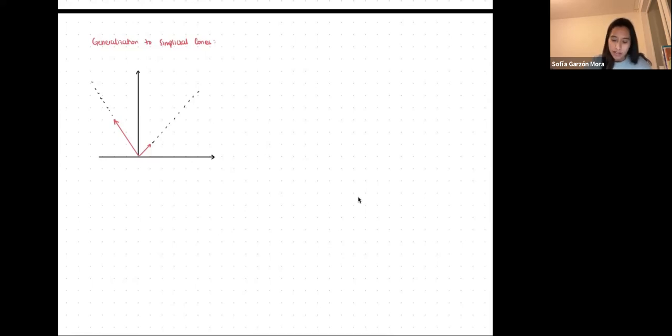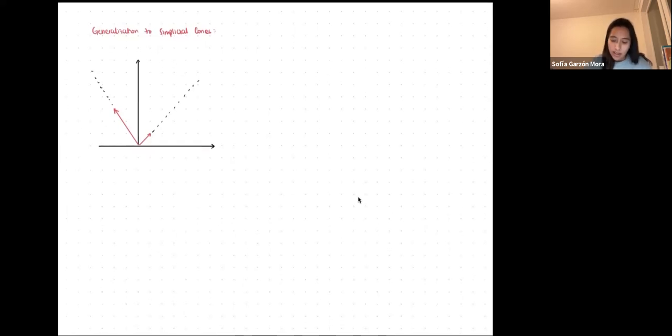No idea. Okay, so a hint. Simplicial cones mean that they have linearly independent generators, right? So I could use the generators somehow. And what we're aiming for is I'm going to construct what's called a fundamental parallelepiped, which is basically, and maybe I can write it here, a fundamental parallelepiped. Oh God, that's 2 L's, 1 P. Okay.